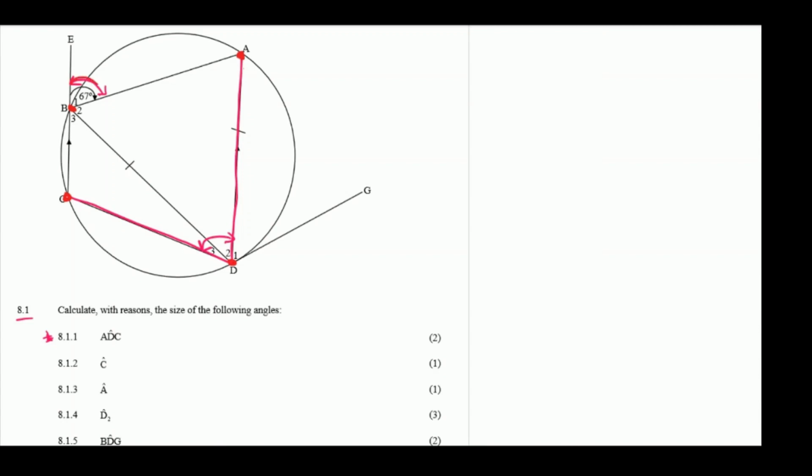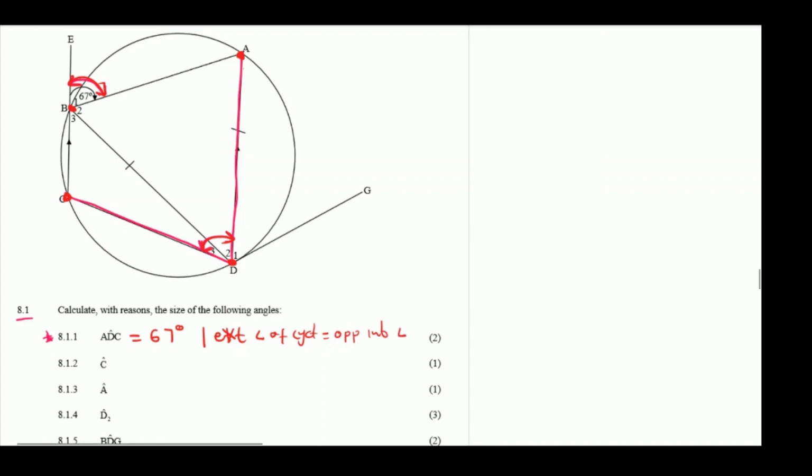So the exterior angle of this cyclic quad is equal to the opposite interior angle, which is this one here. All right, so we can conclude it's equal to 67 degrees. So the reason is: exterior angle of a cyclic quad is equal to the opposite interior angle.